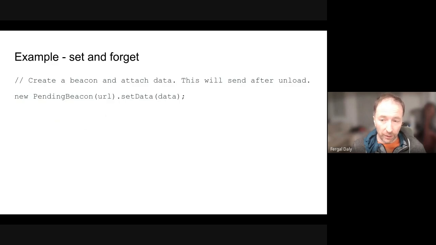It does not depend on the unload event. If the page goes into BF Cache and then times out, it will still send it. And if the page crashes, we plan to make it still send the data even after a crash.